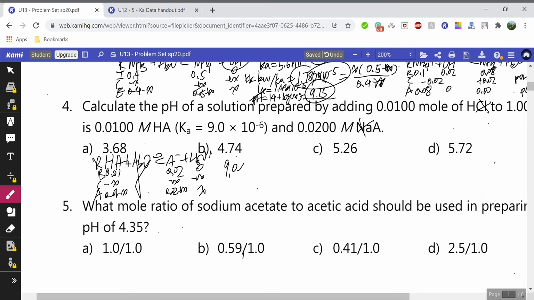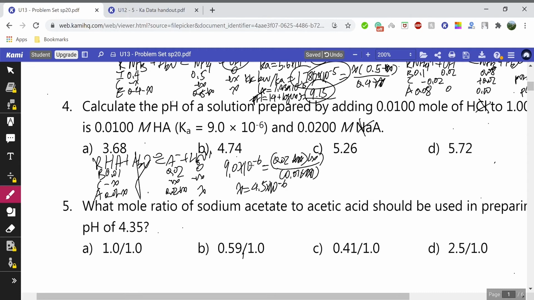So 9.0 times 10 to the negative 6 is equal to 0.02 plus x times x divided by 0.01 minus x. Our Ka is small, so x is small, and we're going to remove this x and this x. Now 9.0 times 10 to the negative 6 times 0.01 divided by 0.02 gives x equals 4.5 times 10 to the negative 6.